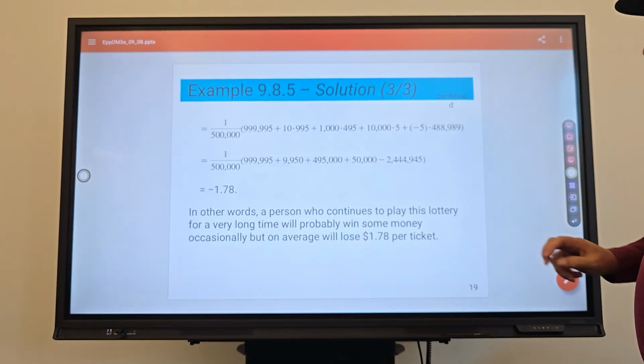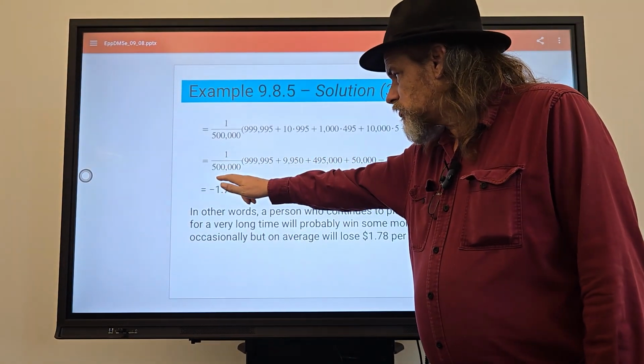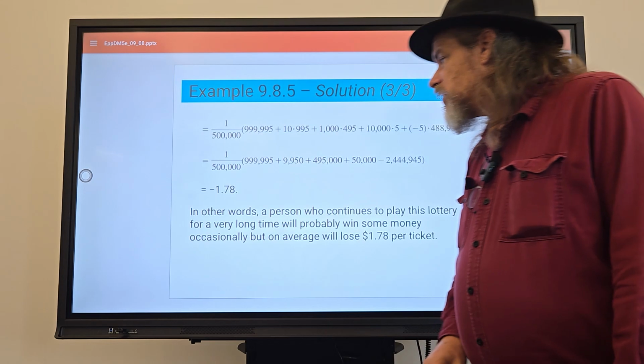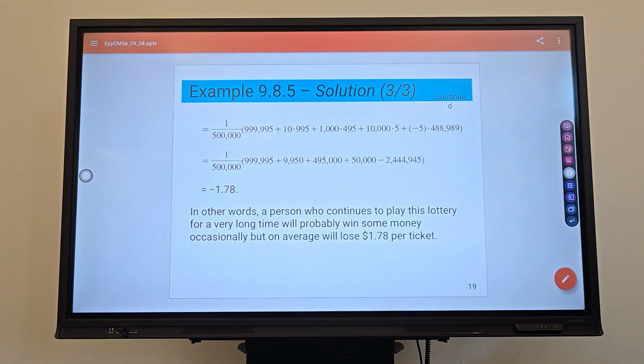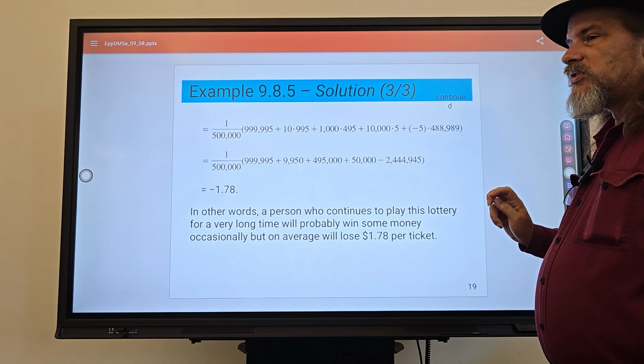Therefore, multiply everything out, do a little division, you get negative 1.78. In other words, a person who continues to play this lottery for a very long time will probably win some money occasionally, but on average will lose $1.78 per ticket, which is how lotteries make money.